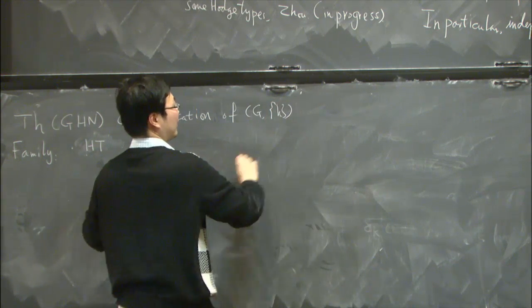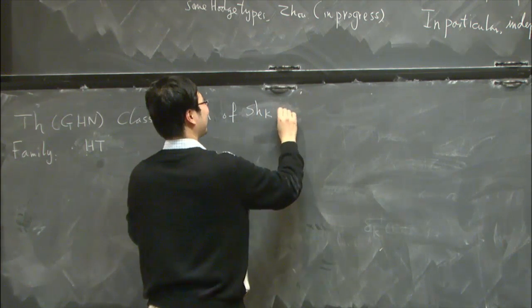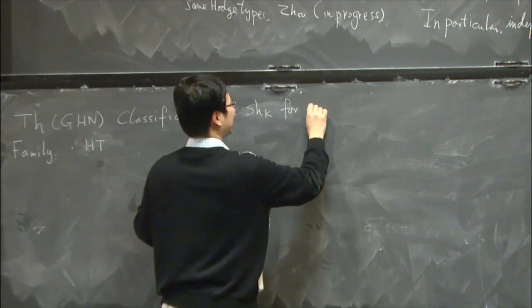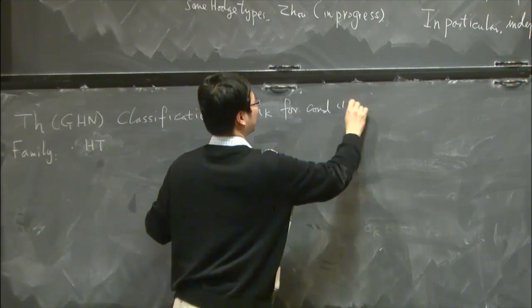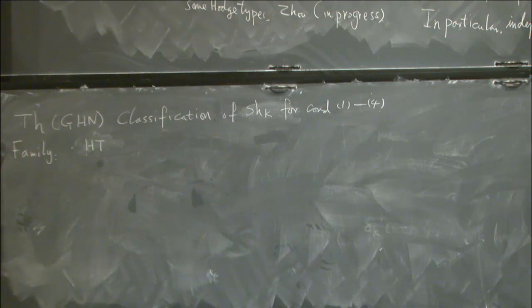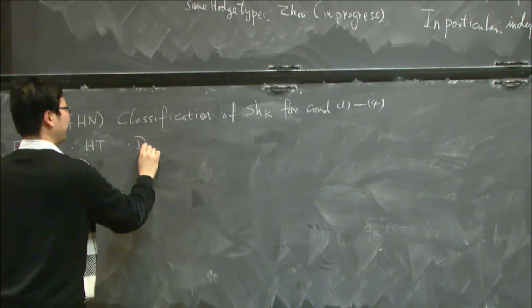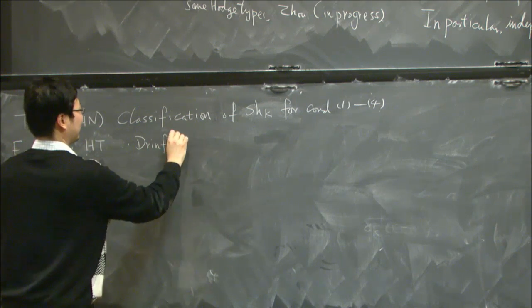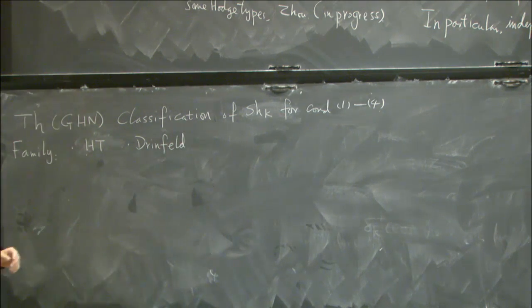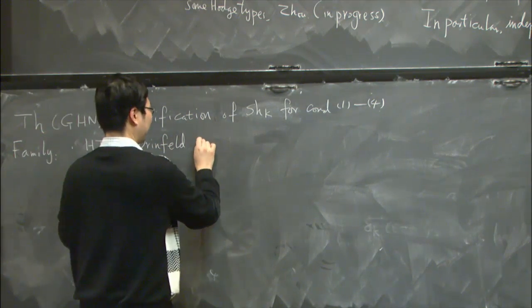G, H of the Shimura variety for the condition 1, 2, 4. So, and then we have the Drinfeld case. In the Drinfeld case, we only have the basic locus. Basic locus is everything, and this is also true.